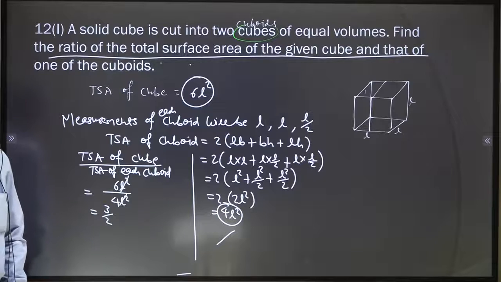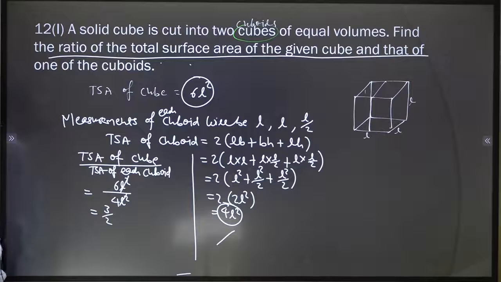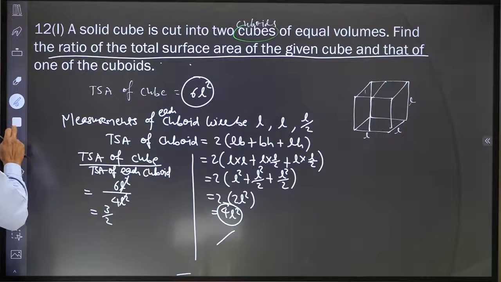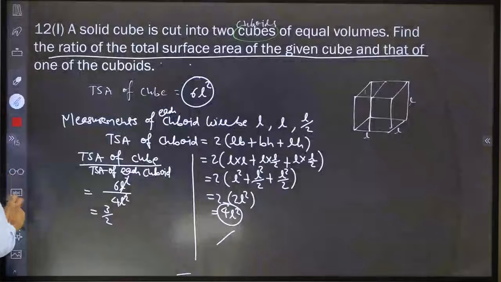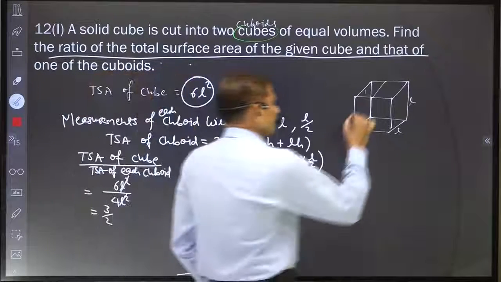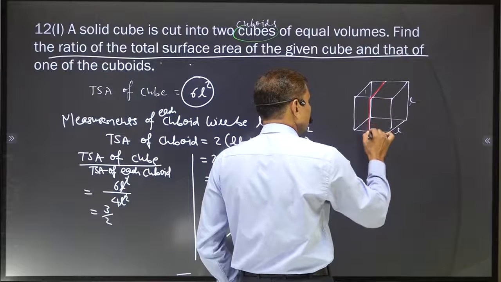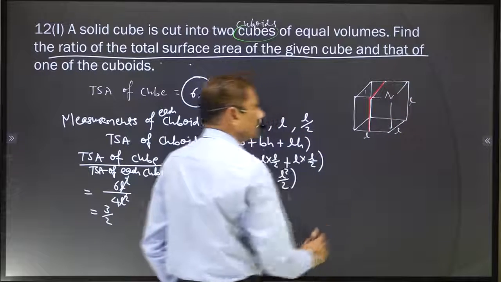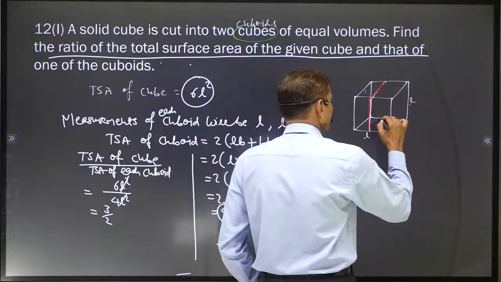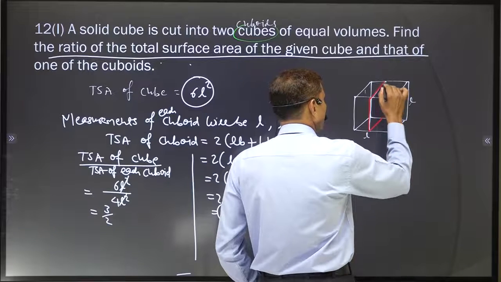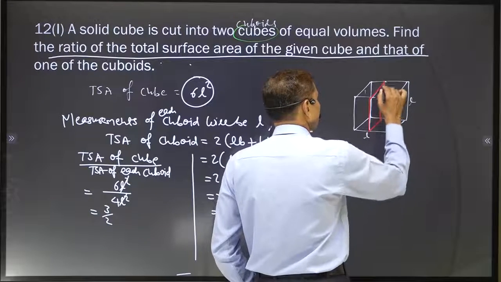First of all, understand the question itself so that you can easily understand the solution also. I was telling that it is being cut from here only, so two equal parts are made like that.